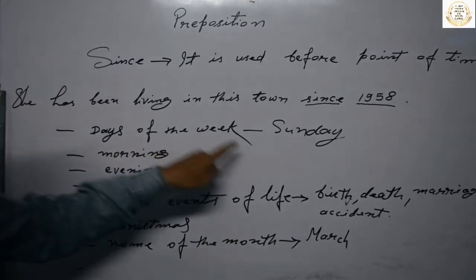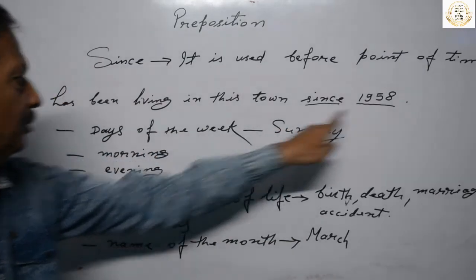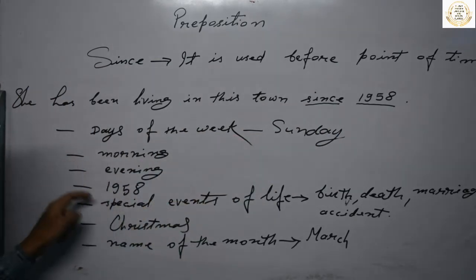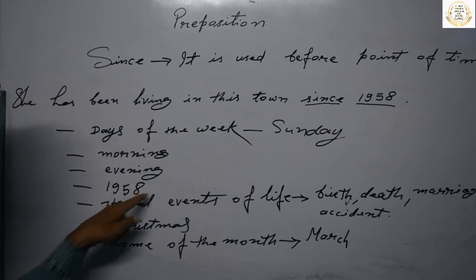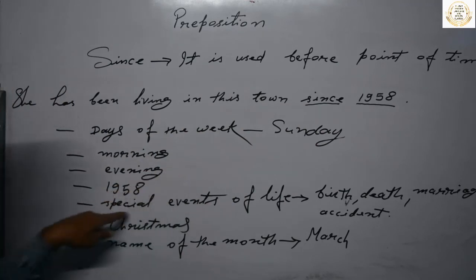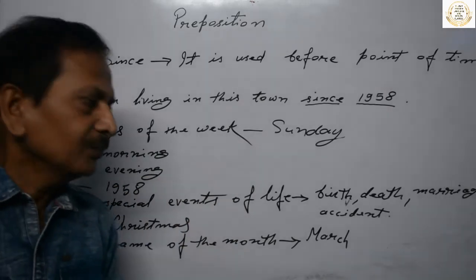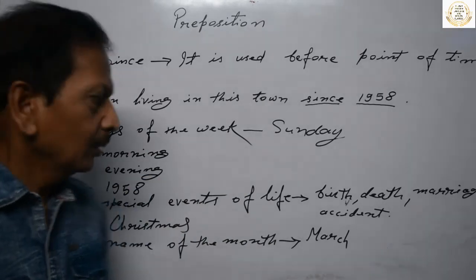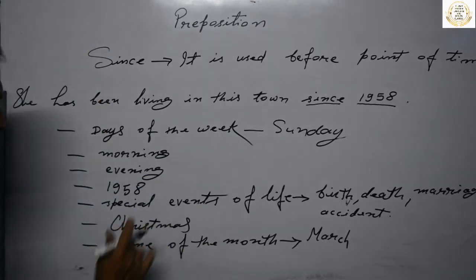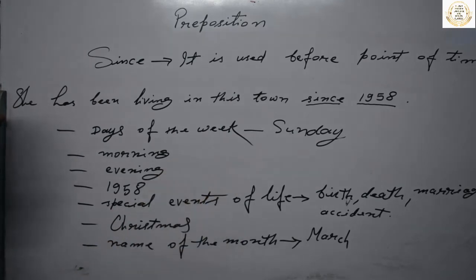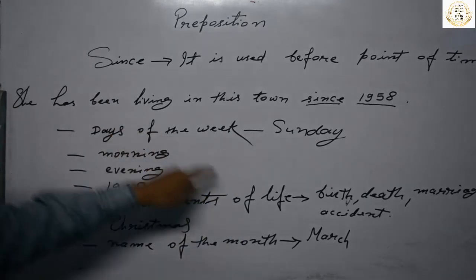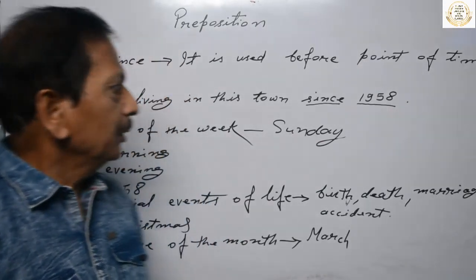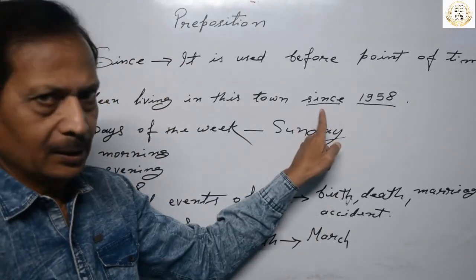So a point of time is recognized like this: Sunday, Monday, Tuesday, morning, evening, 1958, any year. Special events of life are death, birth, marriage, accident. Likewise, Christmas, any festival, the name of the month, these are all points of time. So if a point of time is given, you recognize it, you can use since just before it.